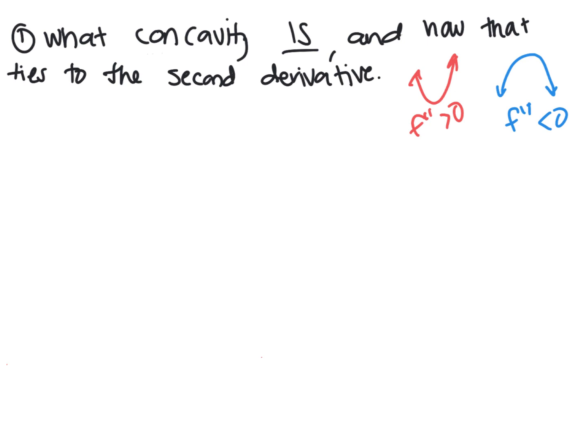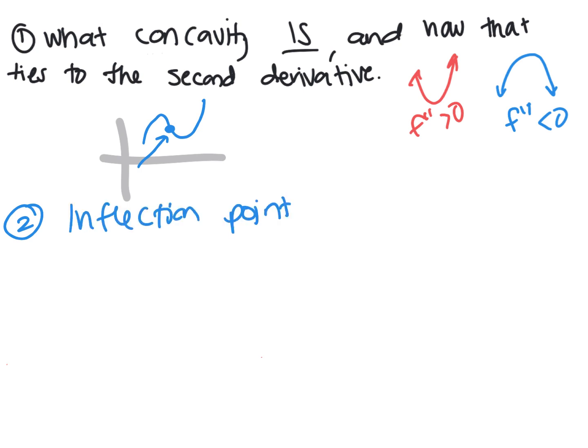We looked at how to identify concavity given a graph of a part of a function, and that led us to talking about how at some point, the graph can change from concave downward to concave upward, which led us to our second topic, which was an inflection point.